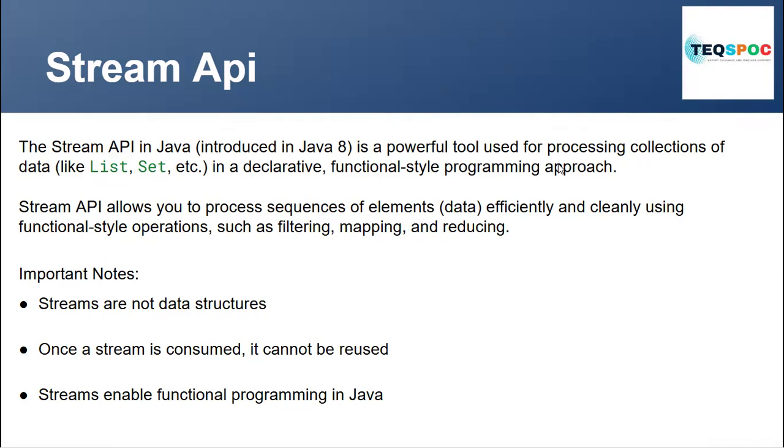Stream API uses predefined functions or methods to manipulate that data. Using the Stream API, we perform manipulation on a collection of data.